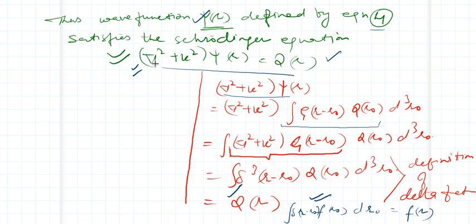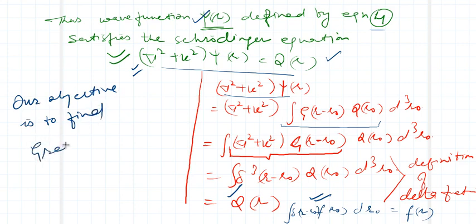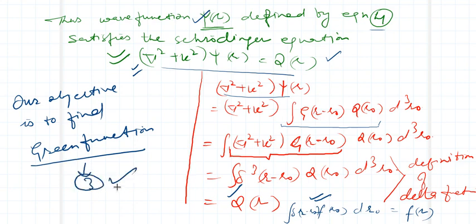Right. Now our objective is to find the Green function for the given problem, the Green function which we have defined in equation number 3. For this, what do we do?